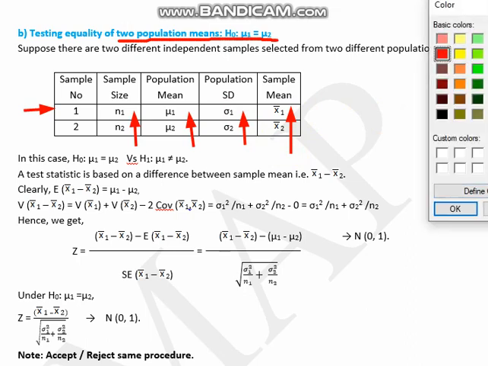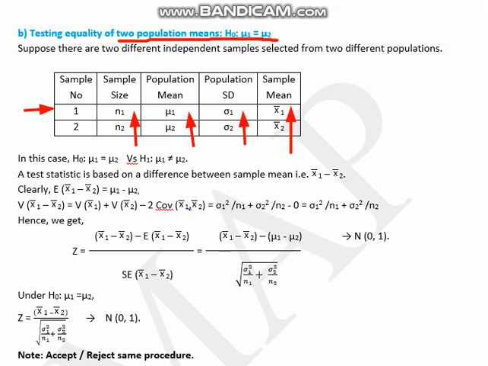And in the other sample, sample number 2, there are n2 observations, the total sample size is n2, the population mean is mu2, the population standard deviation is supposed to be known and that is sigma 2 and the sample mean is x bar 2. So x bar 1 and x bar 2 are the sample means for the two samples.